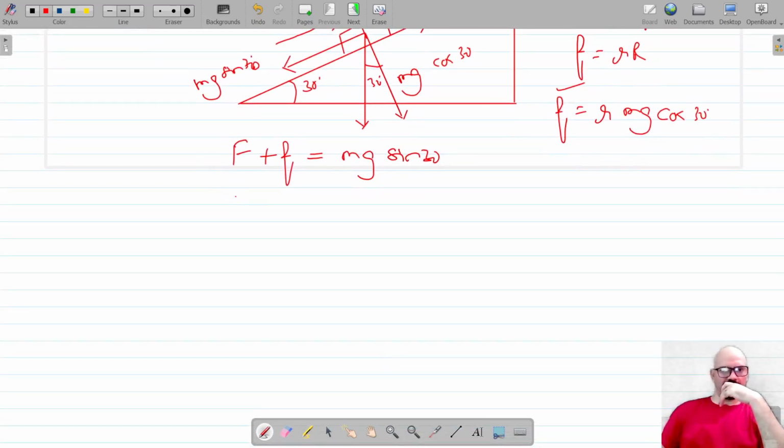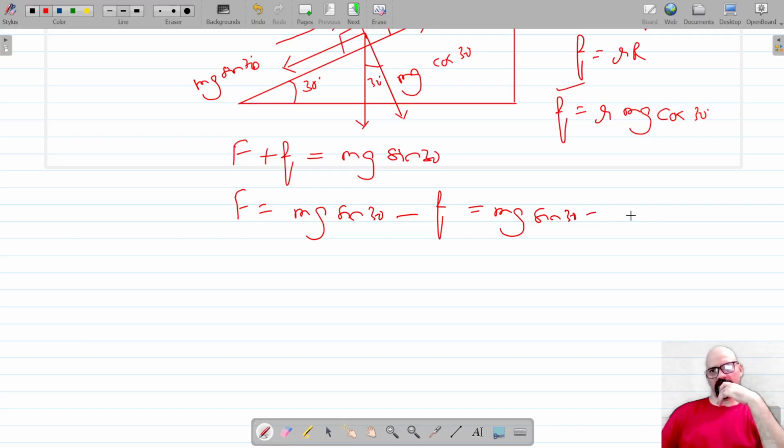And now we have to find the force that we have to apply. So this is equal to mg sin 30 degrees minus the force of friction, and the force of friction is mu into mg cos theta. So this is mg sin 30 degrees minus mu into mg cos 30 degrees.